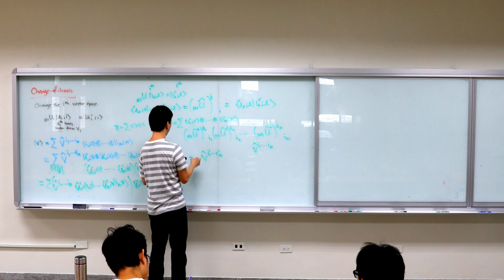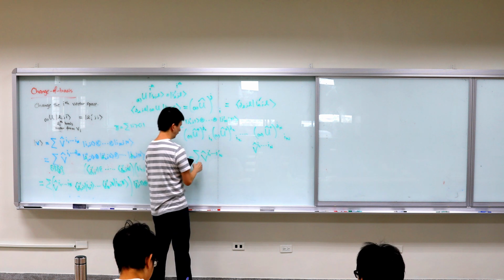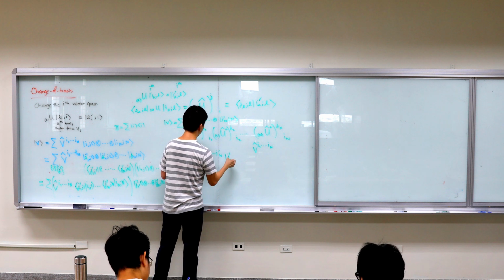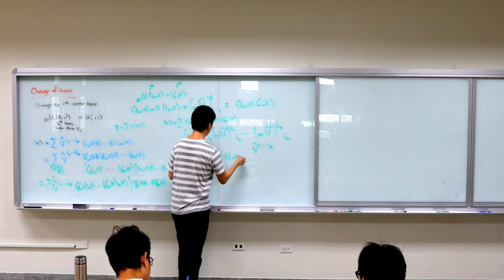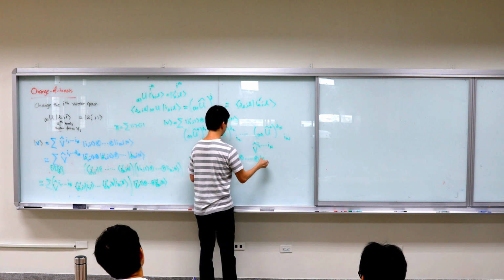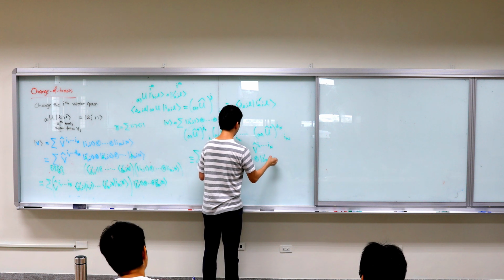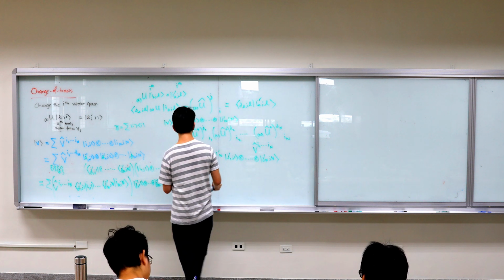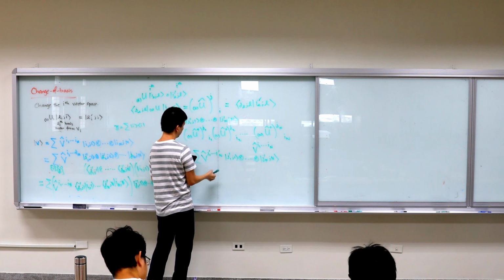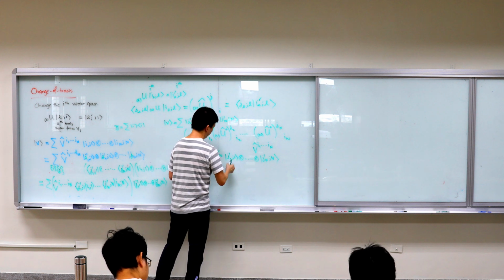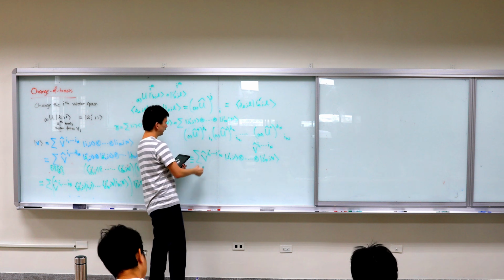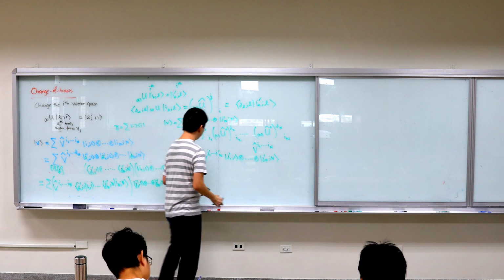Or if you like, you can put a prime on the V, but I often put the prime on the indices, so let me continue to do that. This is the definition, because the coefficients of the basis vectors are what we mean by components.